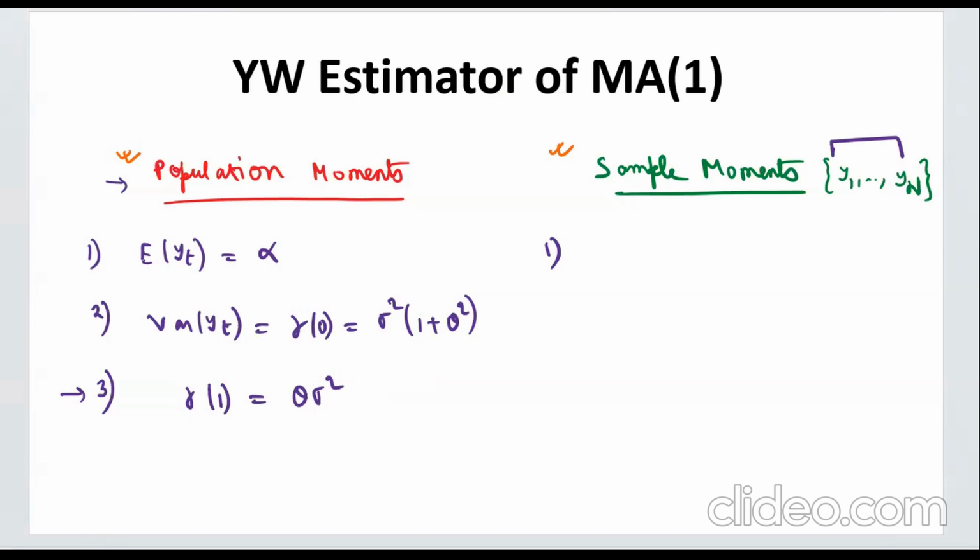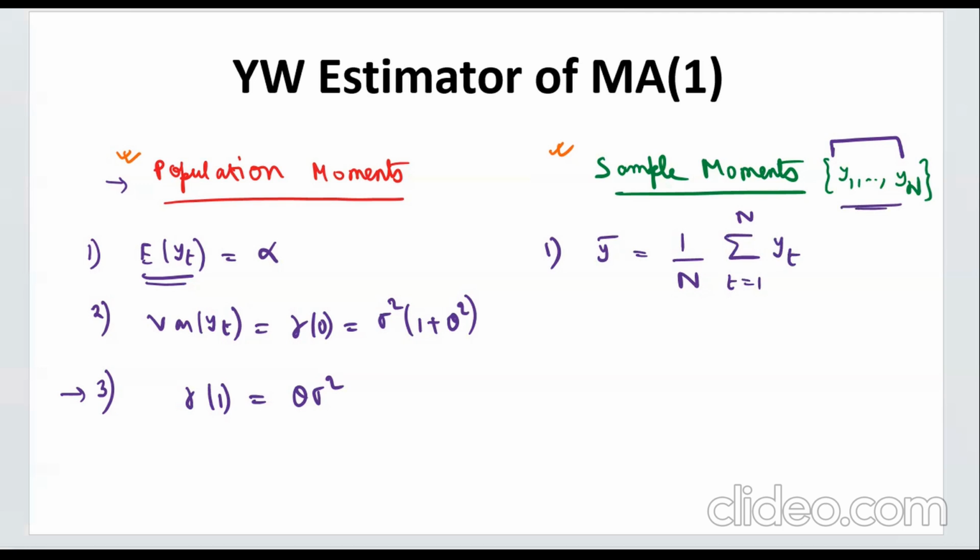This is pretty simple. In sample moments, the expectation is written as y bar, right? Expectation is simply y bar. And how do you find out expectation? In statistics also, you have seen this formula. t is from 1 to n, yt. As simple as that. So take the sum of all these things and then divide it by the size of the sample, that is the value n.